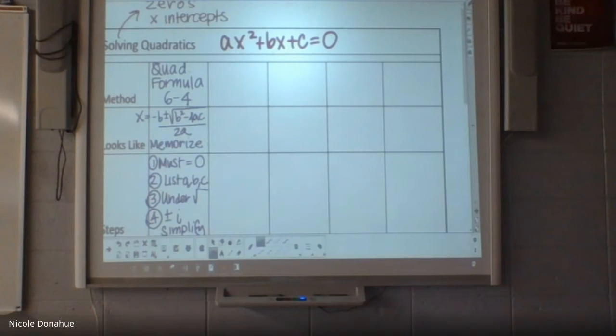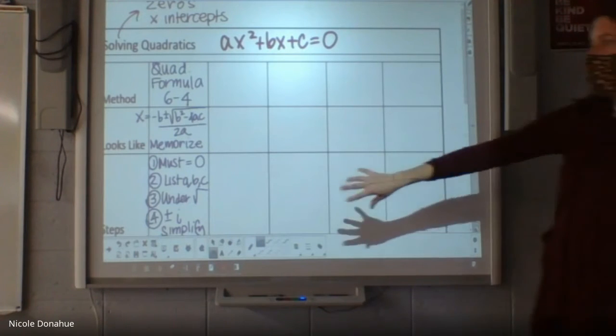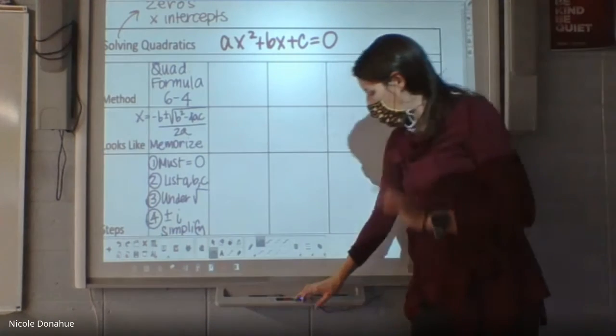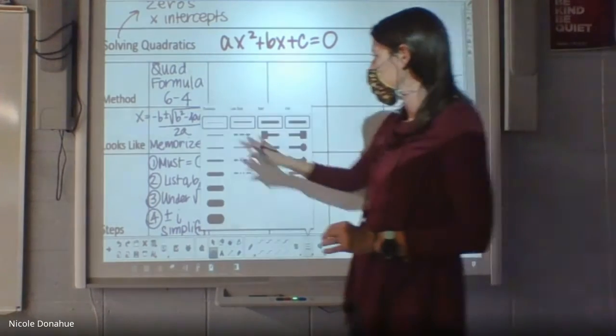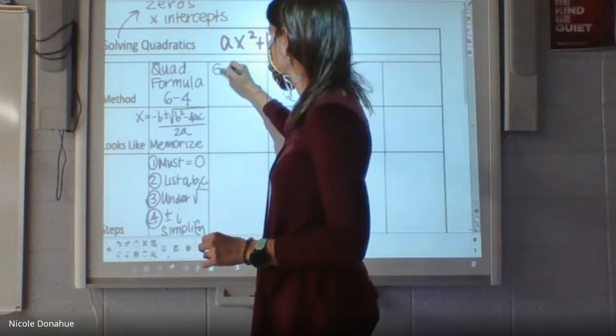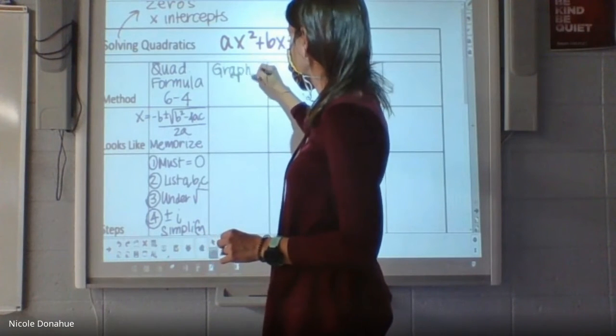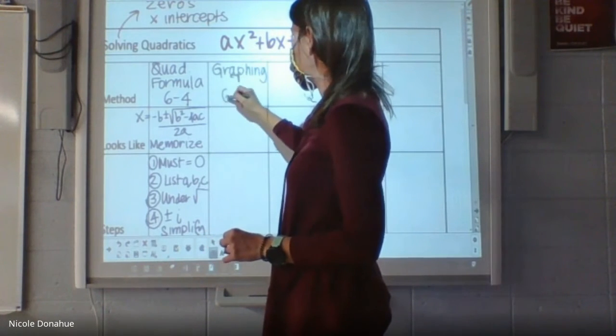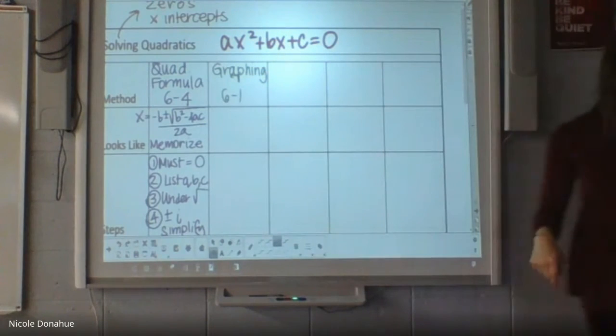So, the next one, let's talk about, I might do graphing just because I know I can put the example on the back. So let's go to graphing next. And that was section 6.1.